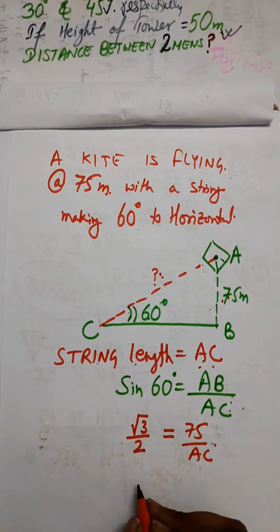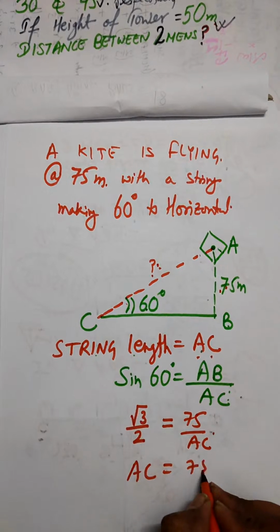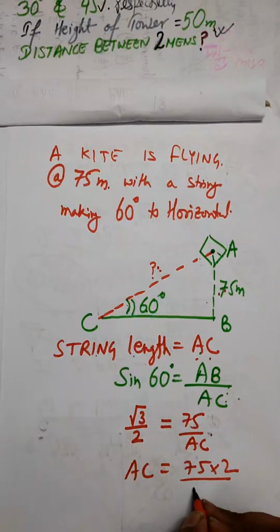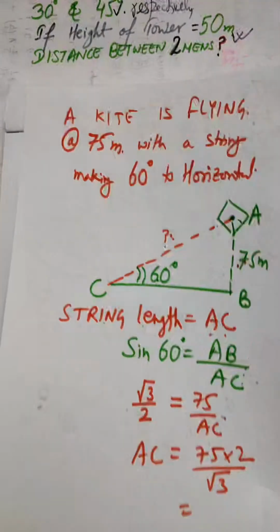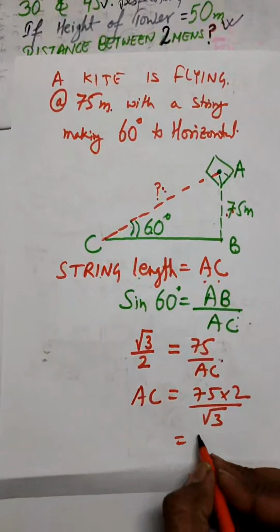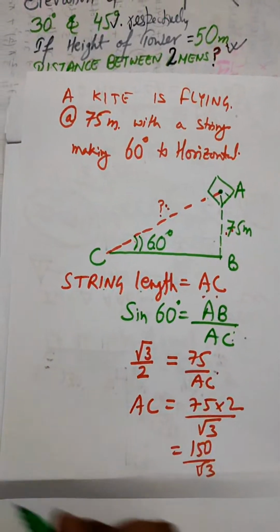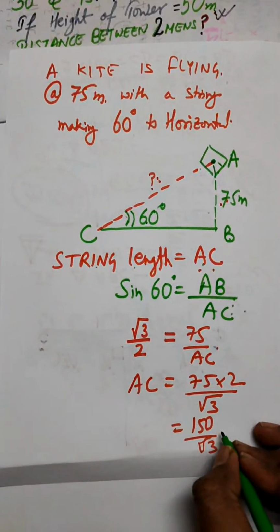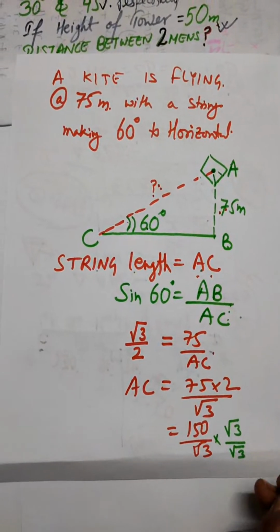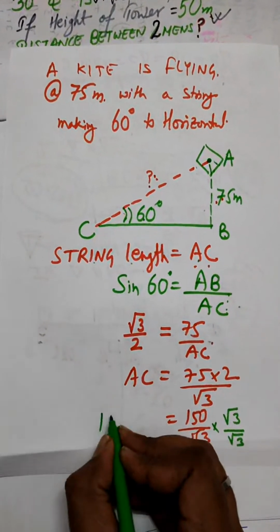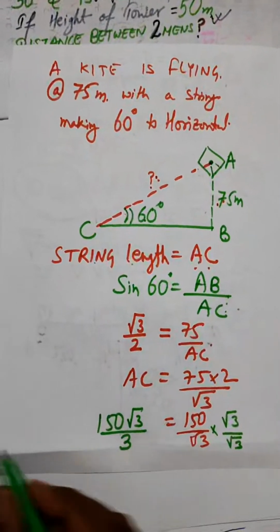So AC can be written as 75 into 2 by root 3, or 150 by root 3. Rationalize it by multiplying root 3 in the numerator and denominator, so it comes as 150 root 3 by 3.